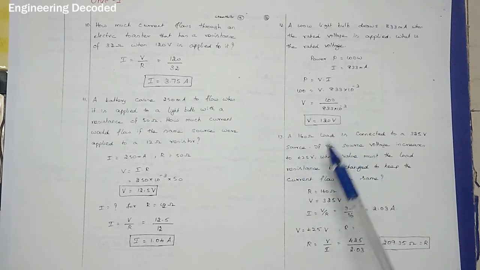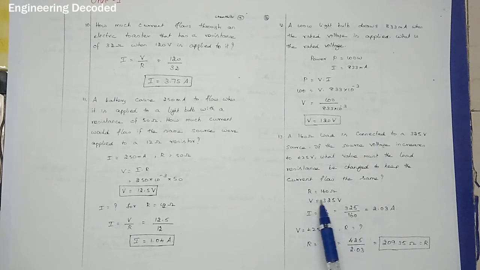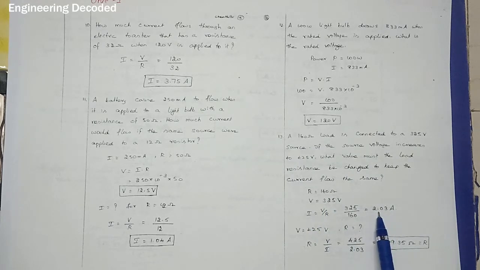So in both cases the current should be the same. First we take 160 and 325 and find out the current. For this current to flow, what should be the value of resistance when voltage is changed? So R equal to V by I. For this R, voltage is 425 and current is 2.03. So you can easily find it out.